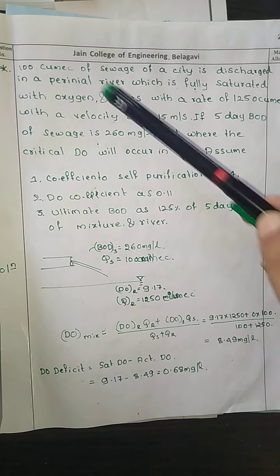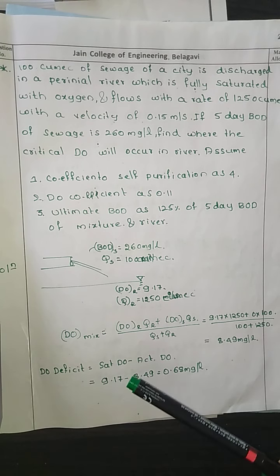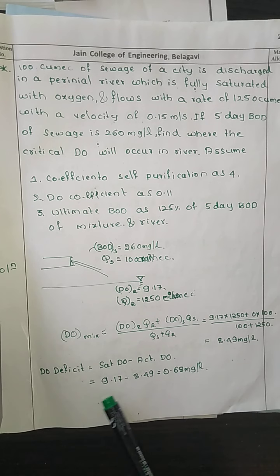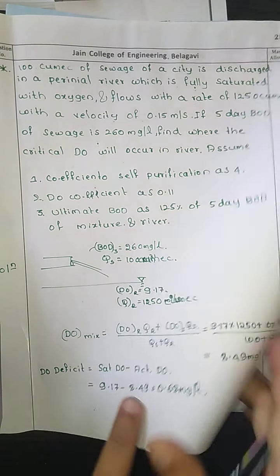Quantity of sewage is 100. Then dividing by QR plus QS, it is 8.49. Then the DO deficit, D0: saturation minus actual. Saturation is 9.17 minus actual 8.49, so we have a DO deficit D0 value of 0.68.